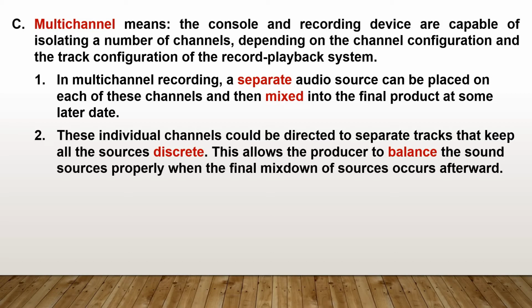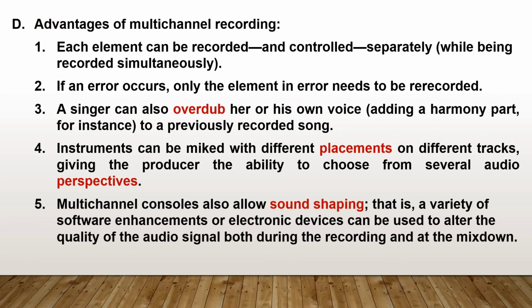And there's all sorts of different advantages to being able to do something like that. First off, each element can be recorded and controlled separately while being recorded at the same time. If an error occurs, only the element in error needs to be recorded. So say the guitarist had an awesome guitar solo, but the vocalist sang off key or something.